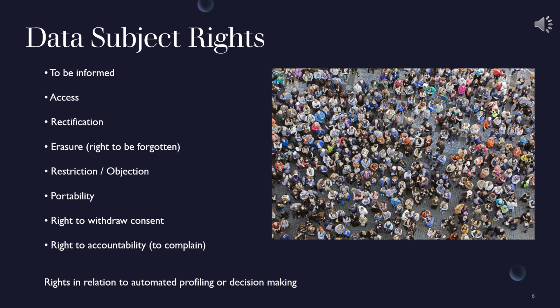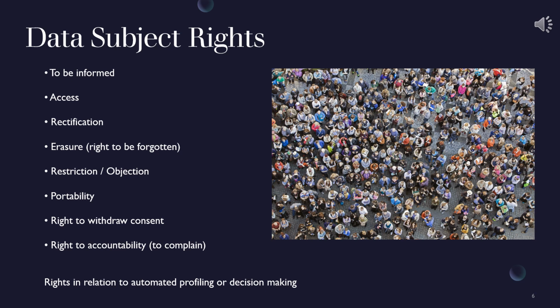Access. Individuals have the right to request organisations disclose the data they hold about them using a subject access request, and to have it delivered to them in readable, usable format. In nearly all cases, an organisation must comply. The right to be forgotten is the right to erasure. A data subject can request that an organisation deletes the data they hold about them.